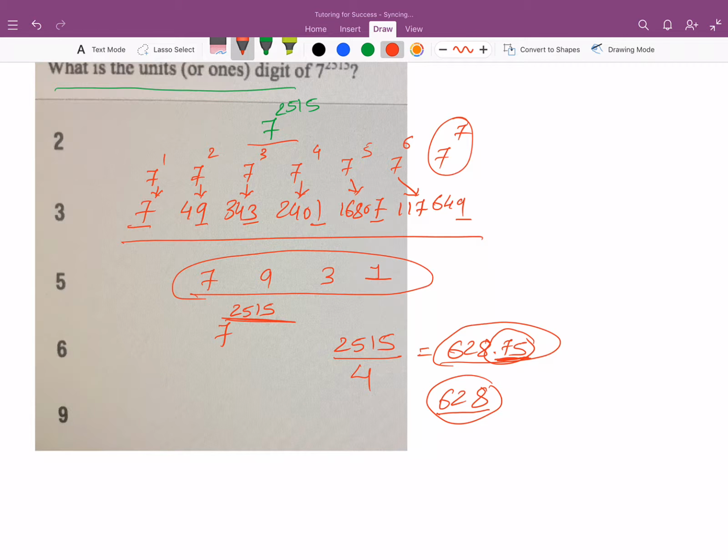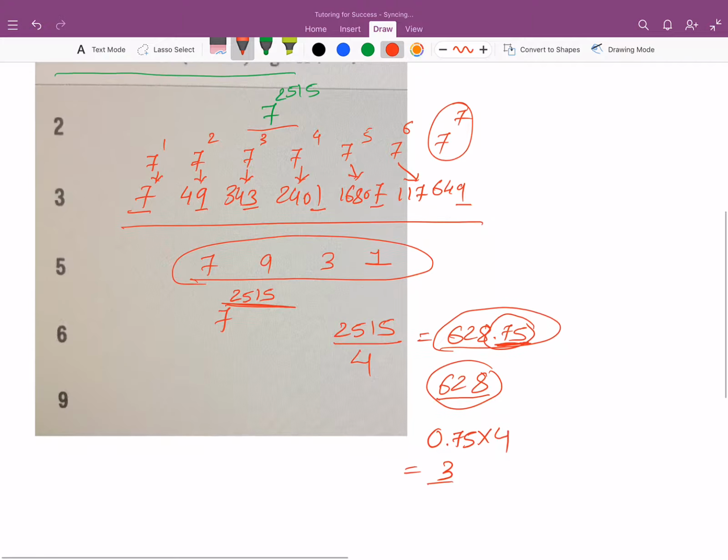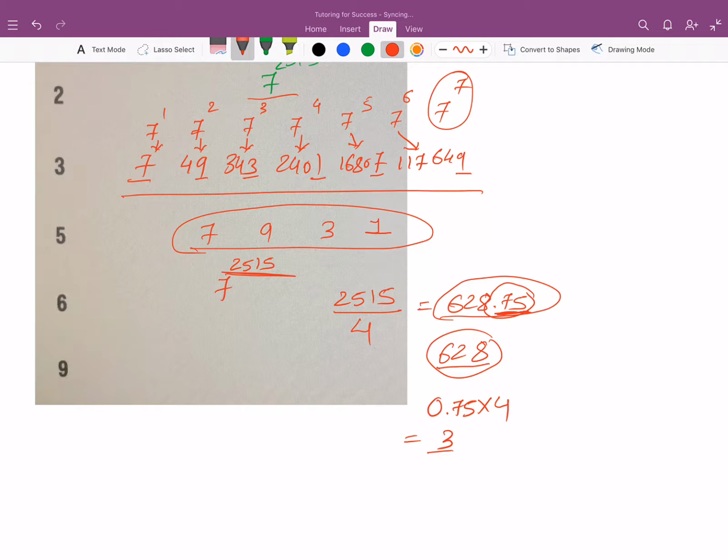We do 0.75 times 4, because every 4 numbers complete a loop. 4 times 0.75 gives me 3. So there are 3 numbers that will continue after the 628th loop: the first, second, and third number.